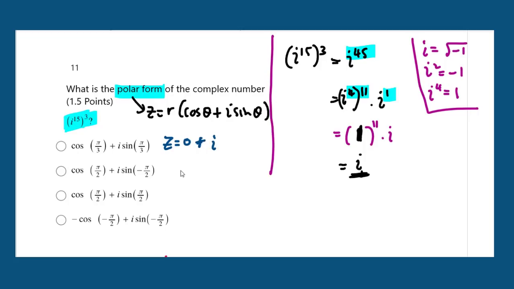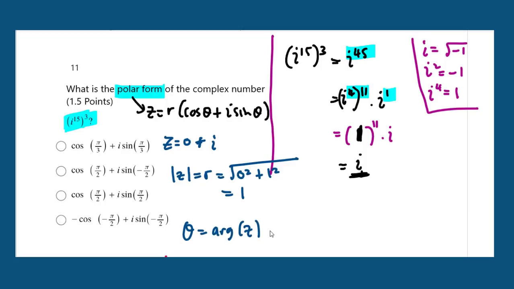Then r, or the modulus of z, is equal to the square root of 0 squared plus 1 squared, which is equal to 1. And theta, or the argument of z, is equal to tangent inverse of y over x, 1 over 0. When you check the calculator, it gives the answer undefined, or math error.